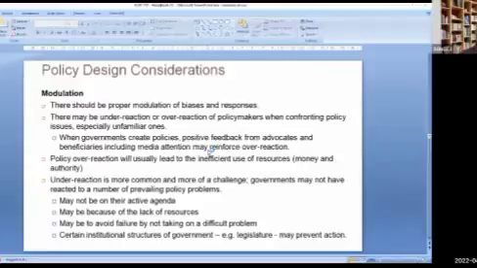And then there can also be underreaction, which is a more common challenge. Governments may not have reacted to a number of today's policy problems. They may not be on their active agenda because of lack of resources, or maybe to avoid failure by not taking on a difficult problem, or constrained by certain institutional structure of government, maybe legislature, and so on and so forth.